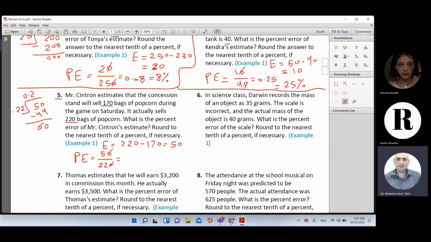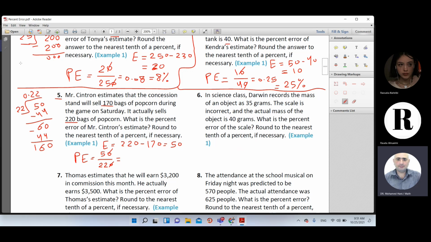Now 60 divided by 22, also 2. 2 times 22 will be 44. 60 minus 44, also we have 16. We can continue, put here 0.